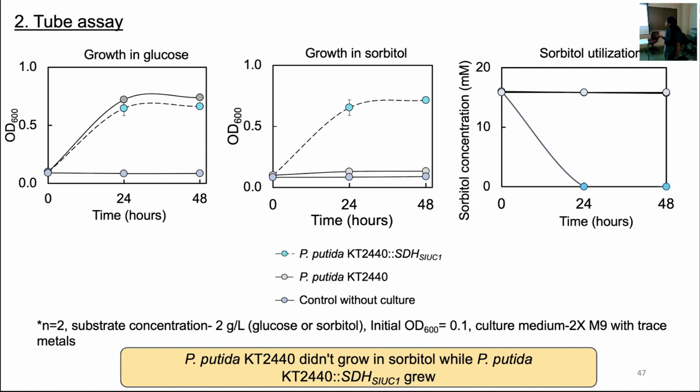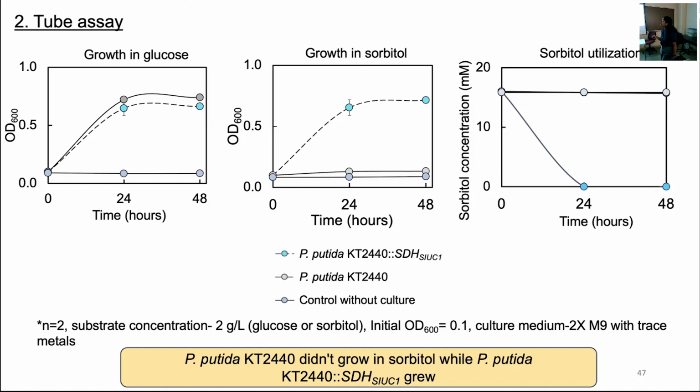So that means it is because of the expression of STH-SiUC1 in this particular bacterium. We also did a sorbitol utilization experiment by HPLC to check whether this organism is converting sorbitol. We could observe by HPLC that the sorbitol was converted within the time points that we did the assay.